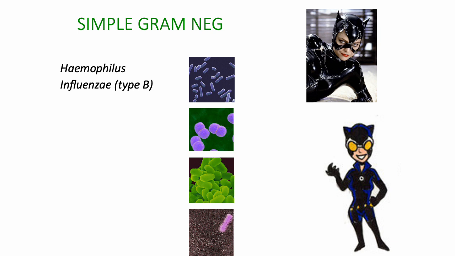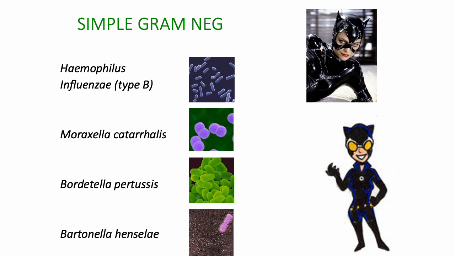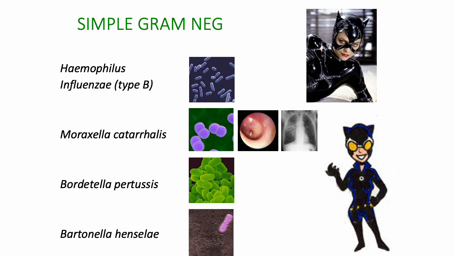So I put Haemophilus influenzae type B, Moraxella catarrhalis, Bordetella pertussis, and Bartonella henselae in this category. The top two, Haemophilus influenzae type B and Moraxella catarrhalis, both cause ear infections very commonly, so head and neck infections, sometimes pneumonia as well. Bordetella pertussis causes pertussis or whooping cough, always nice when it's right there in the name.